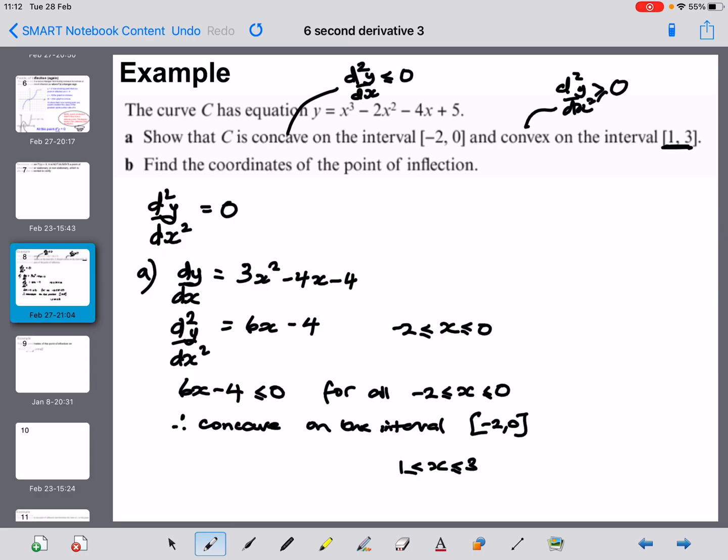So if the second derivative is greater than 0 when x is 1, and it's also greater than 0 when x equals 3, because it's linear, then it will be greater than or equal to 0 for all values in that interval. So 6x minus 4 is greater than or equal to 0 for all values in that interval. Therefore, the graph is convex on the interval 1, 3.